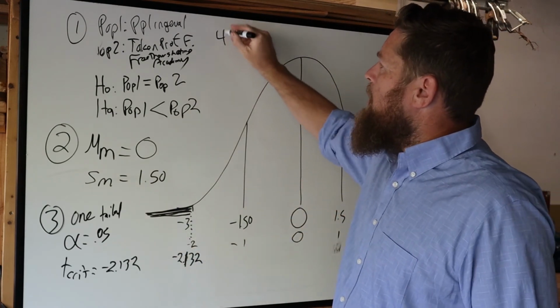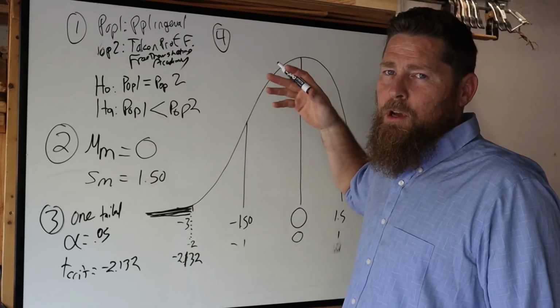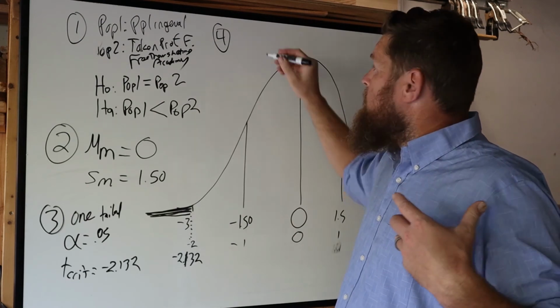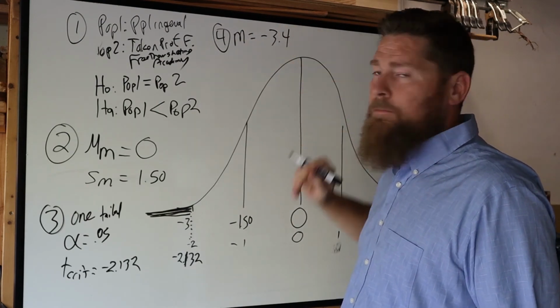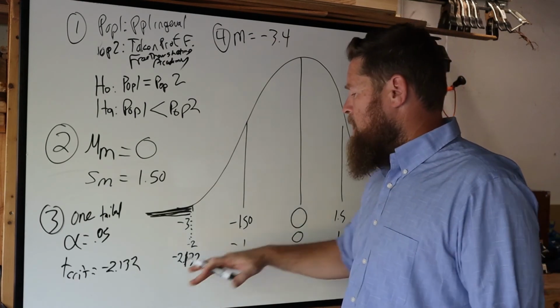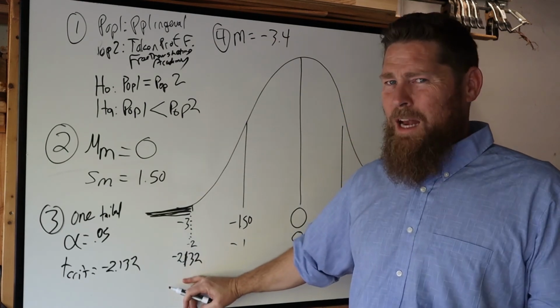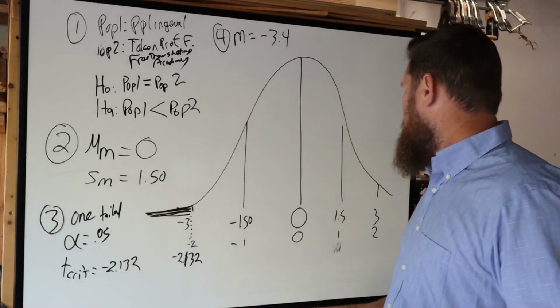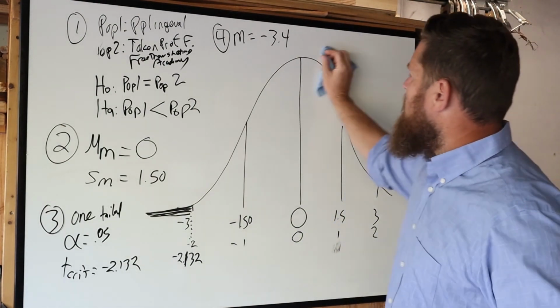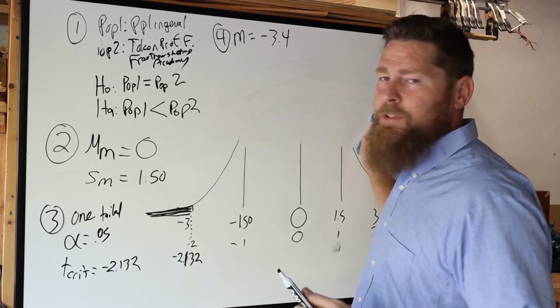I'll put step 4 up here. If you don't remember, our students got a mean difference of negative 3.4. Now, what does that mean in terms of t-score? Well, we're going to have to calculate a t-score to compare it to a t-critical value. Okay, so let's get rid of the top part of this curve, and I can use some space here. That curve still exists.